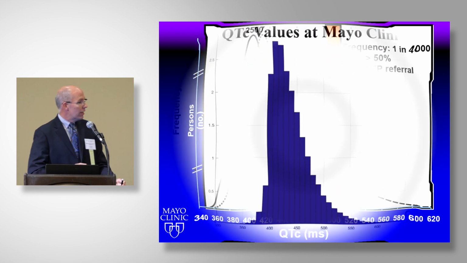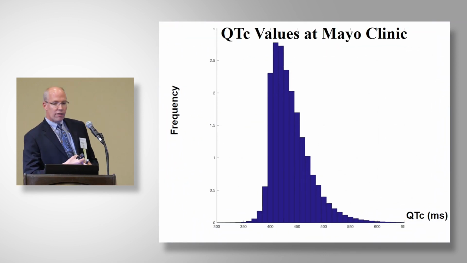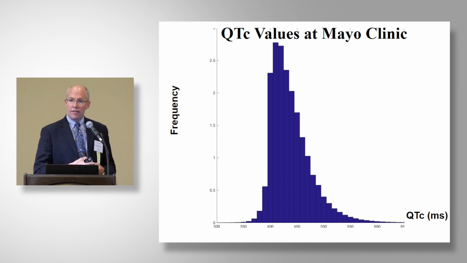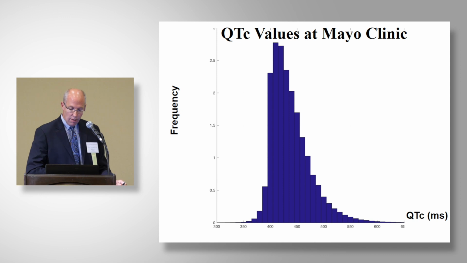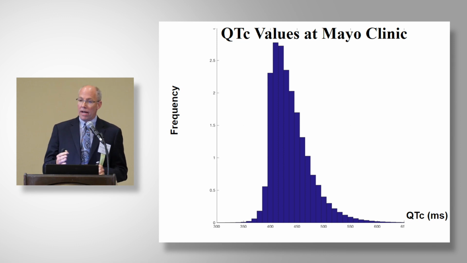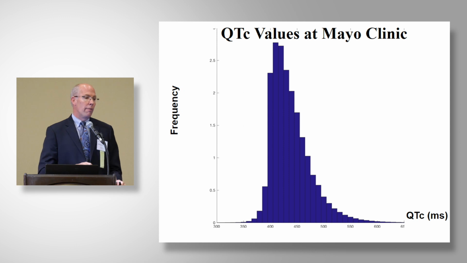But in medicine, don't think that the 500 line is that rare when they come to our practices as unwell people. This is a summary of the QTc values at Mayo Clinic, and you can see the distribution and see how it skews to the right. That's because we see a lot of people at Mayo who are called 'I am sick.' And almost anything that makes you sick starts pushing your QTc to the right.